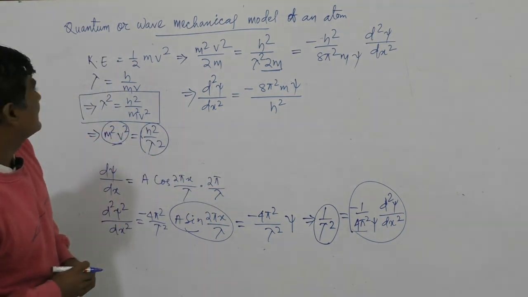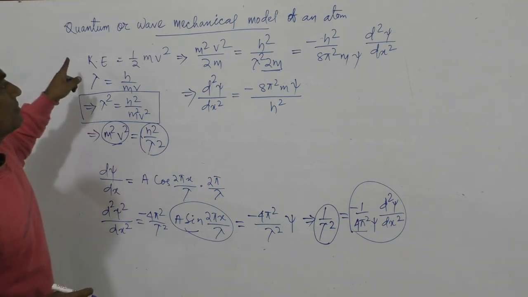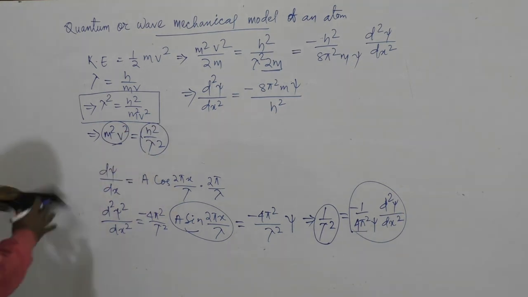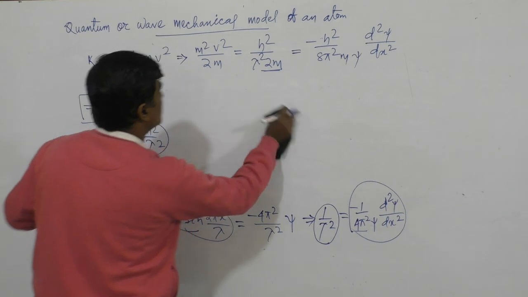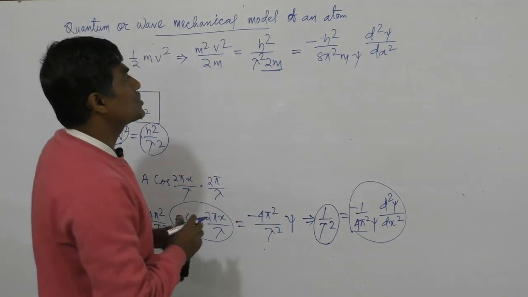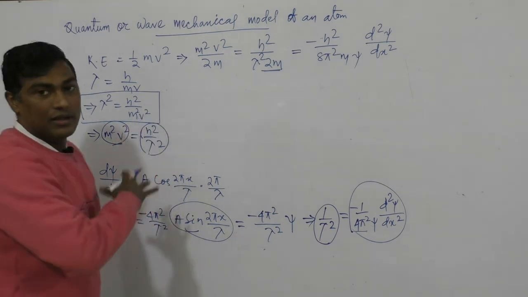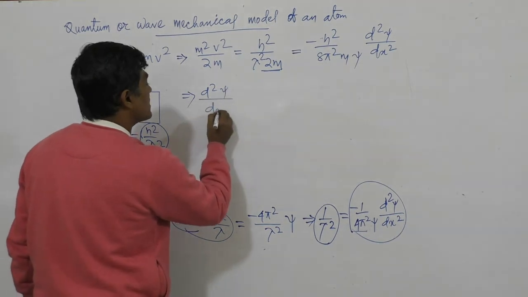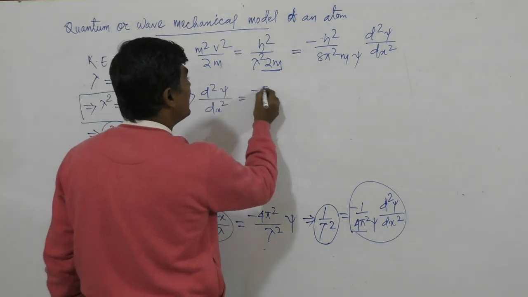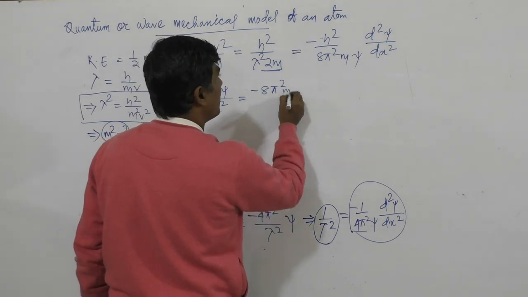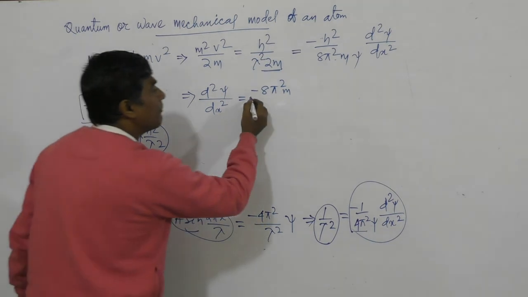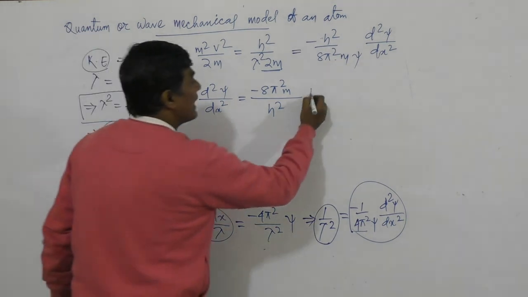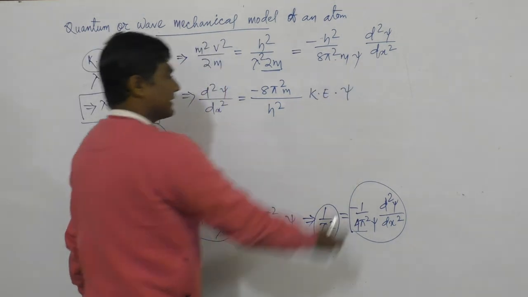But this is the kinetic energy, right? So the kinetic energy is this much. So this equation and this equation are to be equated. So d square psi by dx square is equal to minus 8 pi square m by h square, here is the kinetic energy, into psi, right?